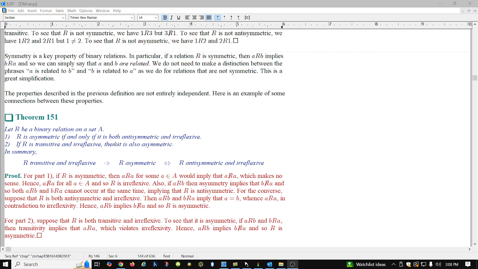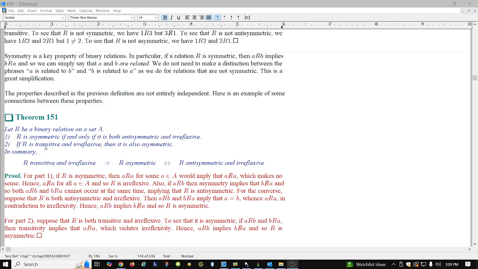Those are equivalent: asymmetry, antisymmetry, and irreflexivity. So herein you can see a relationship between asymmetry and antisymmetry. What does irreflexive mean? No loops.